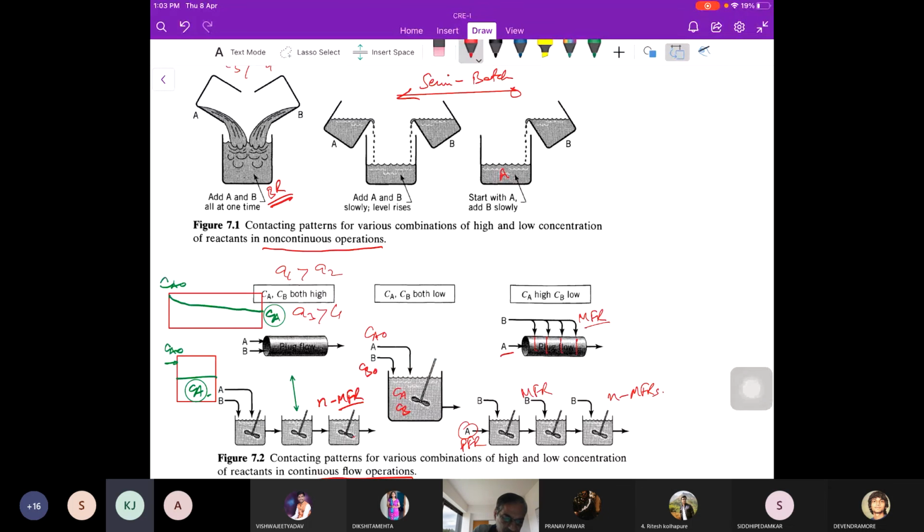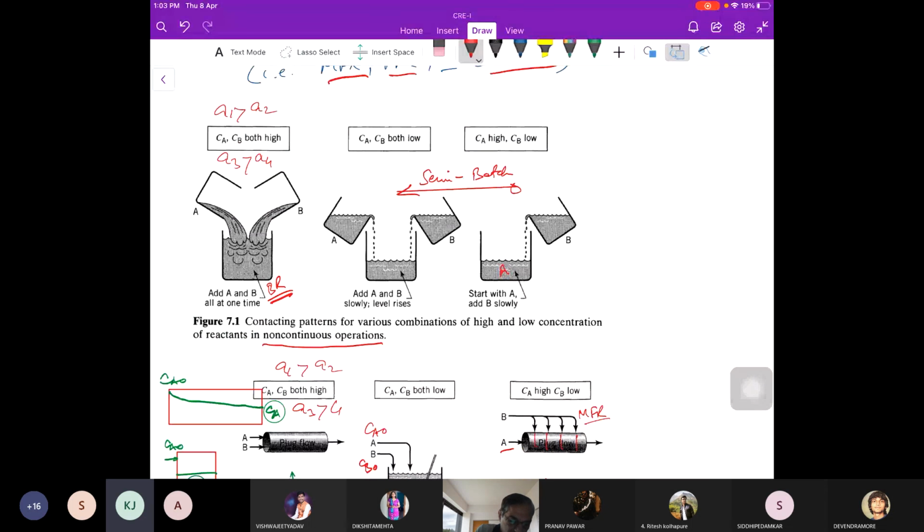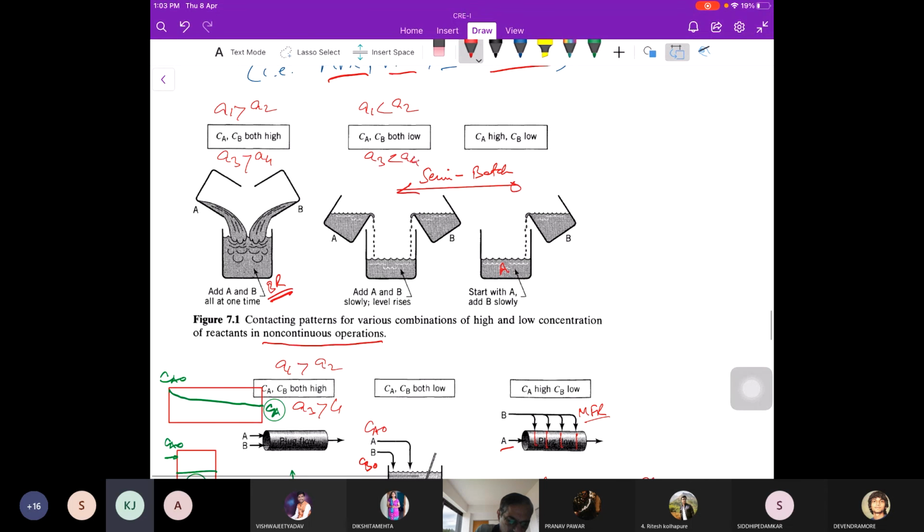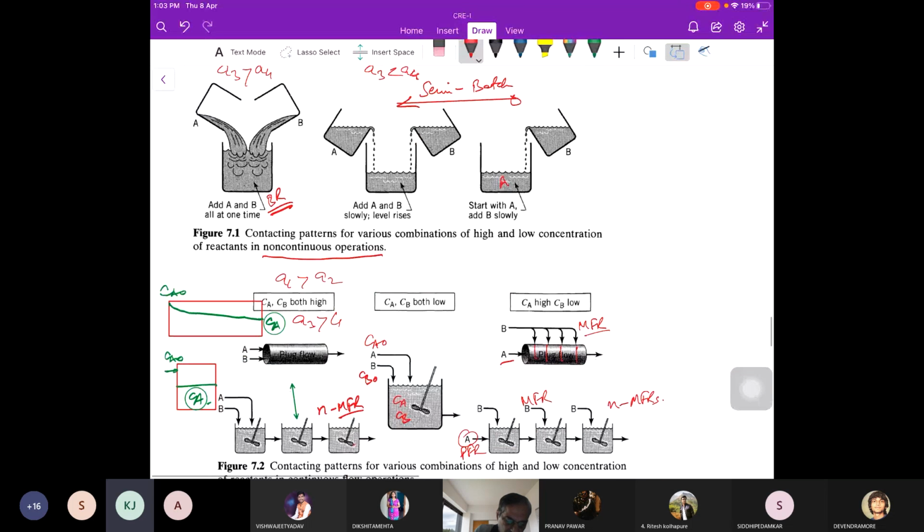Now suppose ऊपर नहीं जा रहा है, ठीक है. Now I want both low, that means A1 is less than A2 and A3 is less than A4. So I can keep this configuration and same thing here, A1 less than A2, A3 less than A4. So I can keep this configuration, both low.